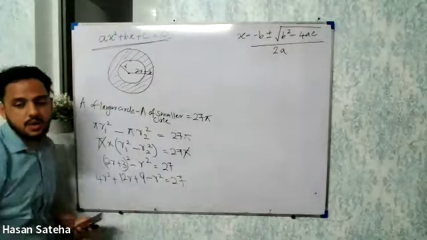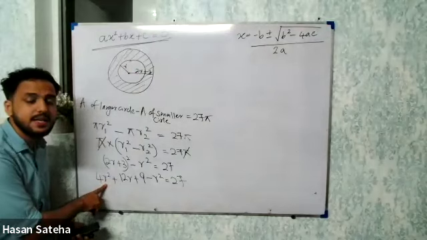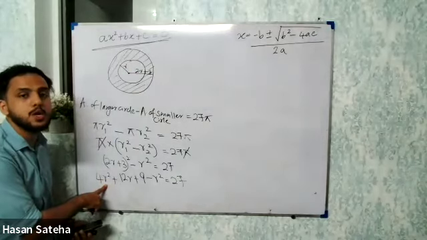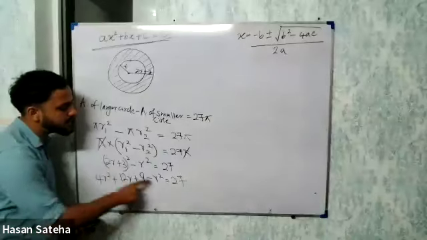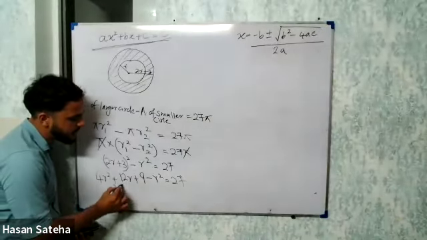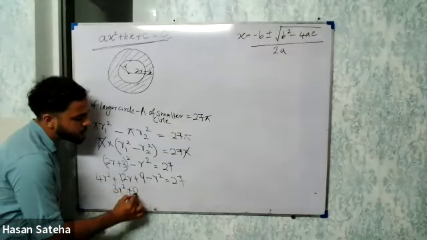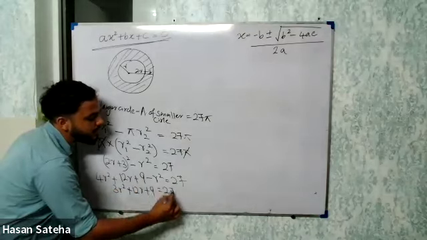On the other side, you should have the quadratic expression. Also remember, I told you always keep the r squared, your quadratic term, positive, right? So you have 4r squared minus r squared, that is 3r squared, 3r squared plus 12r plus 9 is equal to 27.